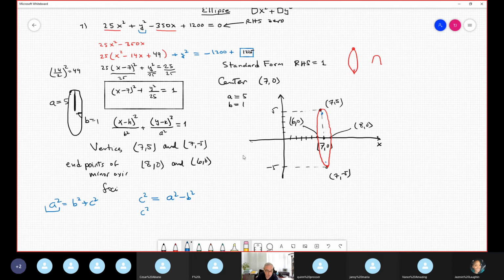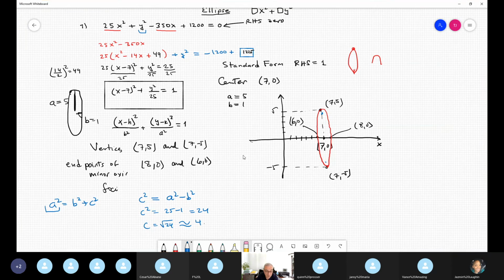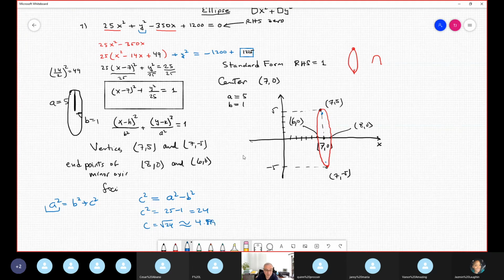Okay, c squared is equal to 25 minus 1, que es 24. Therefore, c alone is square root 24. And square root 24 is an irrational number, and this is 4.899. It's close to 5. So the focus is always here, close to 5.